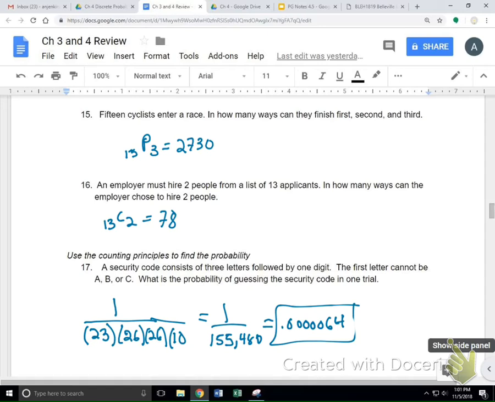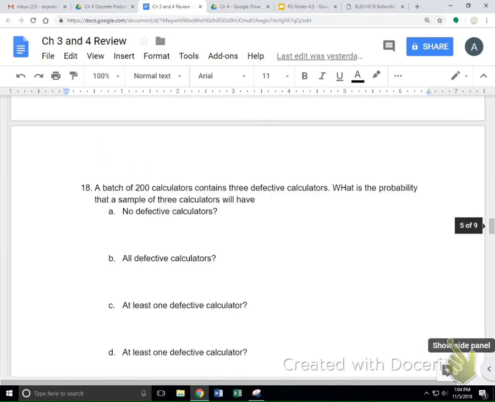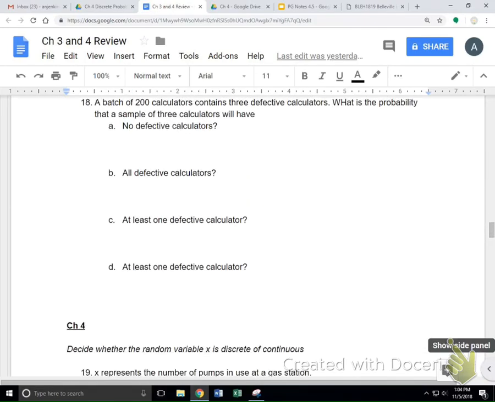Okay, so now we're through 17. We're on to number 18. So for number 18, we see the probability that there are no defectives. Of all the calculators, we know that 3 are going to be defective. So all the possibilities is 200, and you want to pick 3 to check, so 200 choose 3.